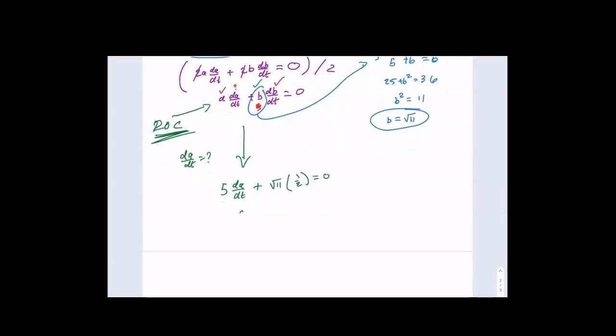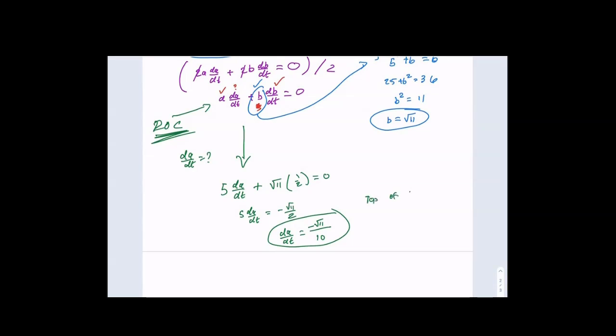So this gives me 5 dA/dt equals negative square root of 11 over 2. So dA/dt is equal to negative square root of 11 over... It'll be 10 over 10. Perfect, over 10.